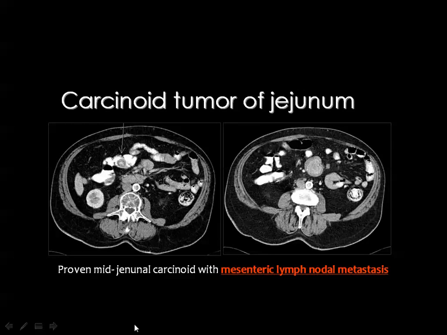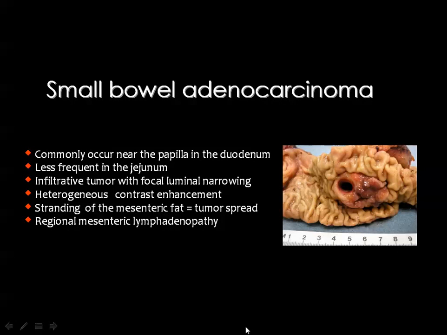And actually we may reach the diagnosis by imaging guided needle biopsy from these kinds of tumor, and this is the carcinoid tumor within the small bowel, and this is metastatic lymphadenopathy within the mesenteric lymph nodes.